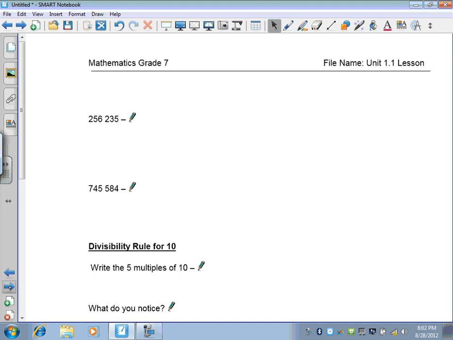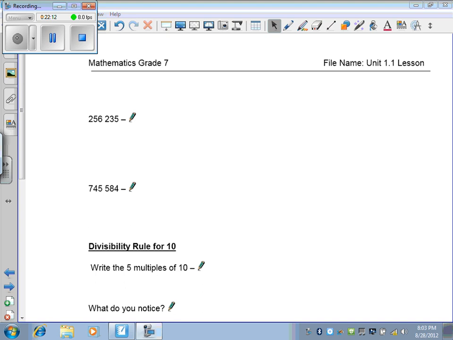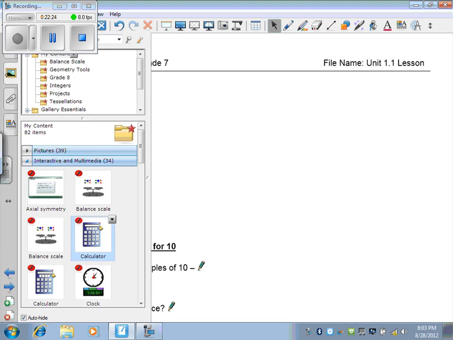Okay, let's go on to these 2 examples. I want you to try them. Use your calculator to find out, and then restart the program or the recording when you're ready. Okay, you should be ready to go. The rule is look at the last 3 digits. I think I said 2 digits in the last example, but it means the last 3. Use your calculator and give it a check.